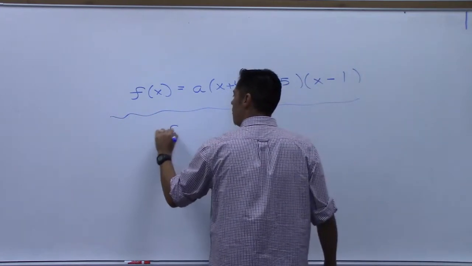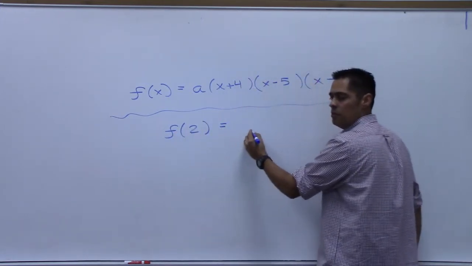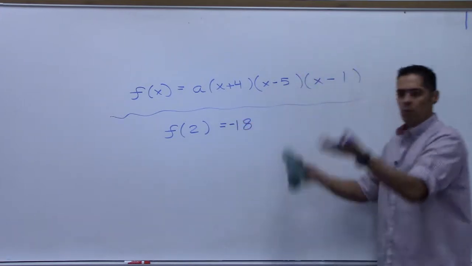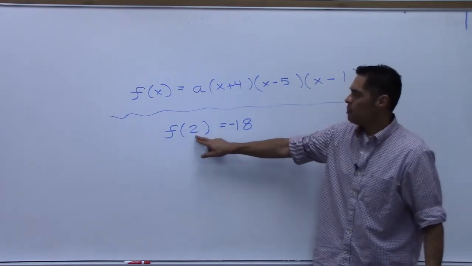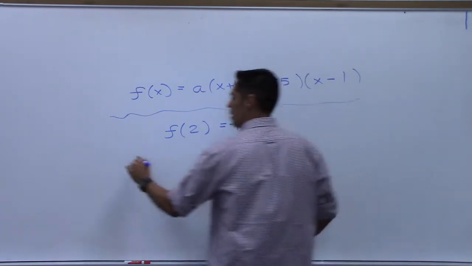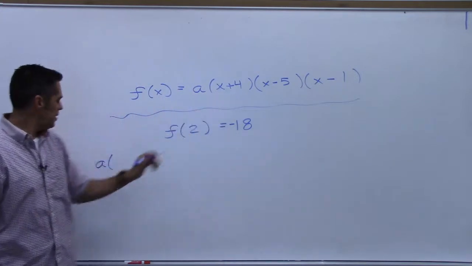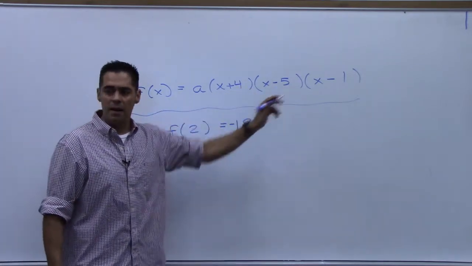I know that f of what needs to be equal to what? 2. F of 2 has to be equal to negative 18, right? And work the left and right hand sides down. So what would f of 2 be? Plug 2 into this. A, 2 plus 4, 6, times 2 minus 5 is negative 3.